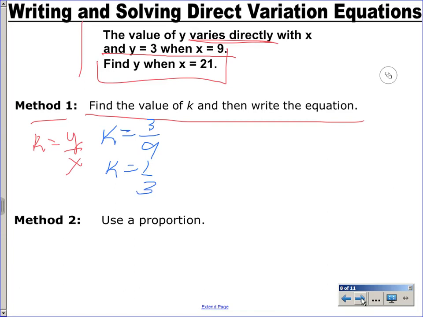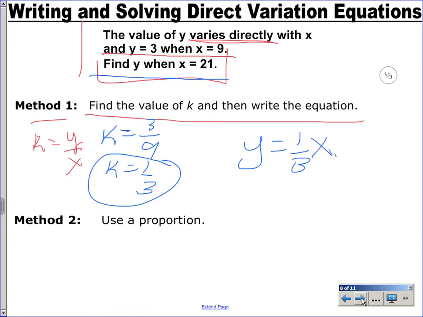So once I know what my constant of variation is, I can substitute it back into the original equation. And we have that. That's our formula. So y equals 1/3 k. Nope. Let's erase that because we know it doesn't equal 1/3 k. 1/3 is k. So y equals 1/3 x.